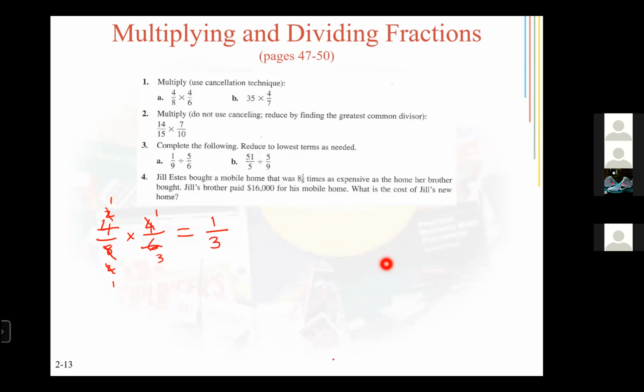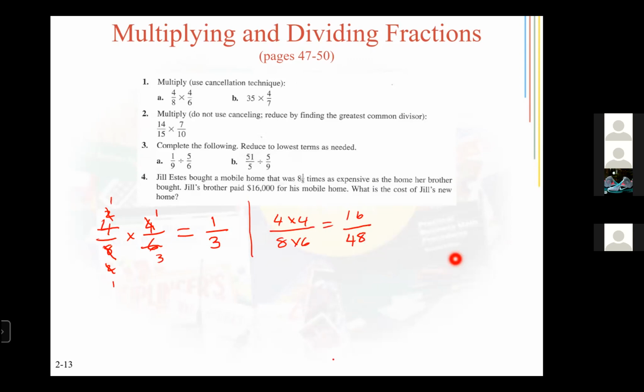Okay, so that's the canceling technique. Now, another way you could do it, you don't have to cancel. You could have just said 4 times 4 over 8 times 6. So this is another approach. 4 4s are 16. 6 8s are 48. So you have 16 over 48, and then you reduce that.